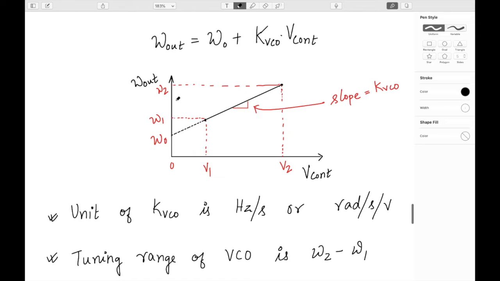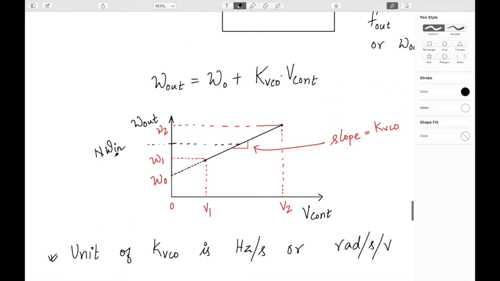So what it means is that it should lie somewhere in the middle, right? So this will be N times omega in, or N times f in. Sorry, you should use a capital letter here. N times omega in, the input frequency, or N times f in.